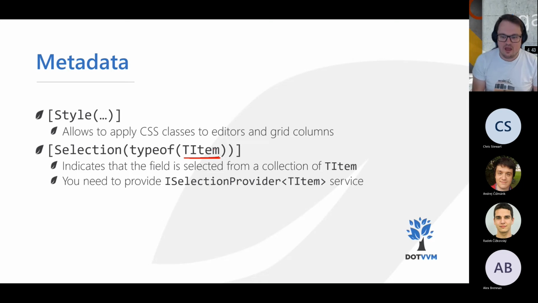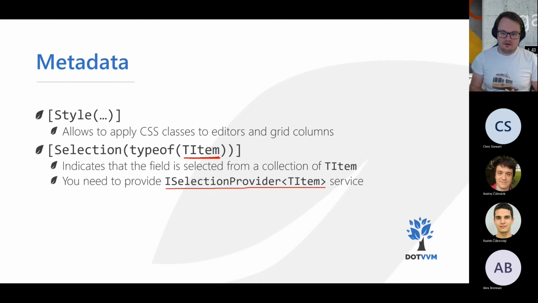And actually it has to inherit from a selection item record, which we provide in the framework. It's generic, so you can say, okay, my ID will be GUID or string or integer or anything. And then you need to register ISelectionProvider of this object. It's a service that can provide the list of items to select from.